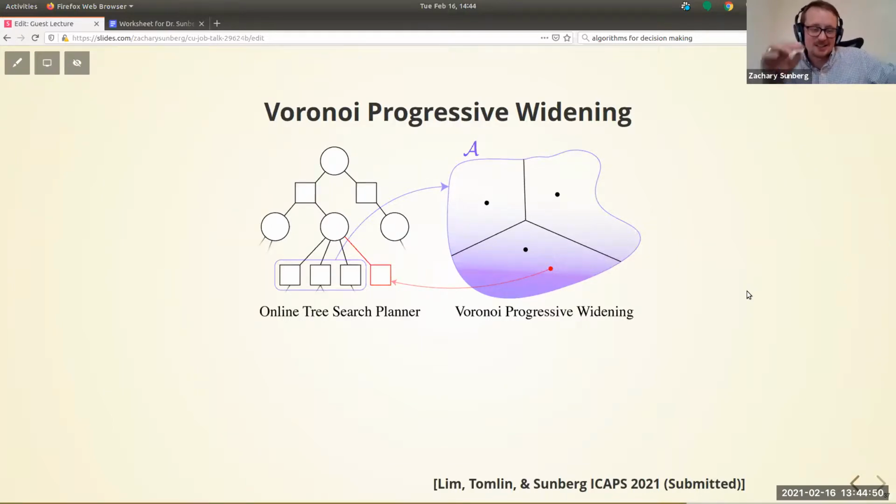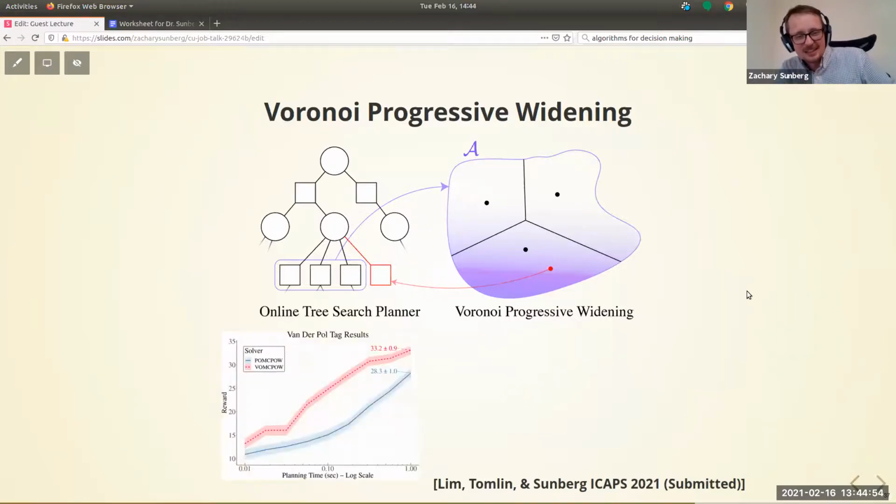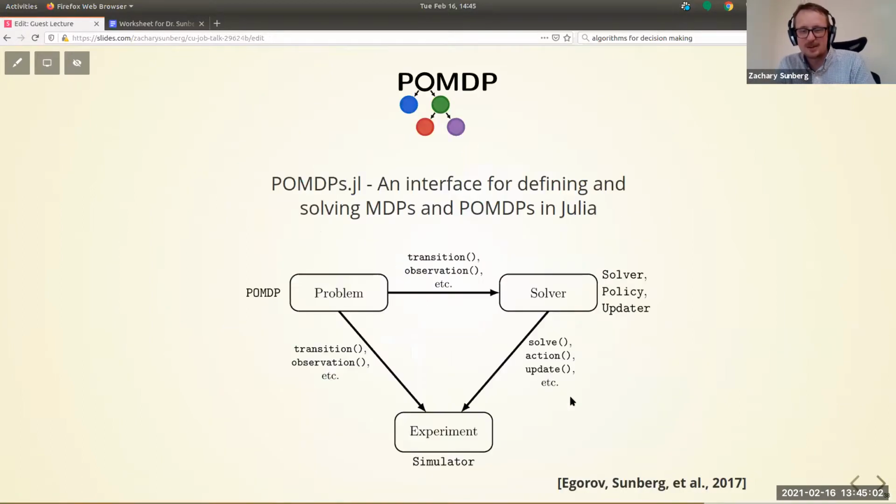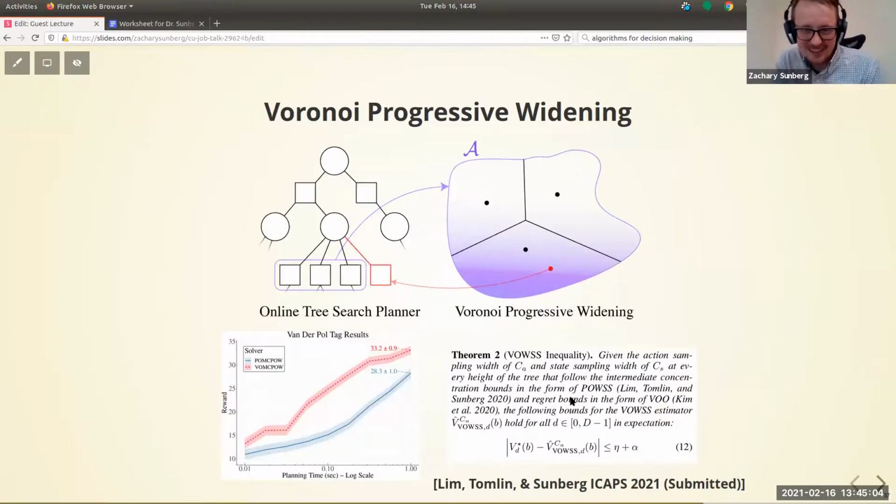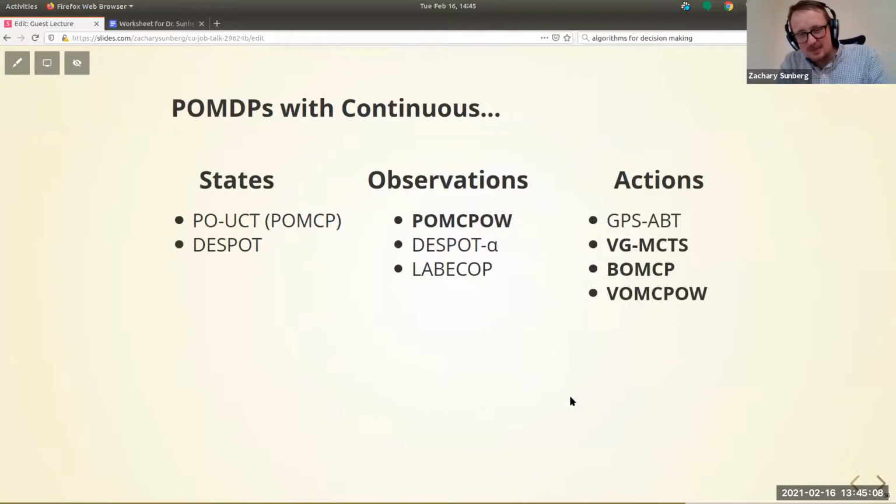So that's just like one quick taste of how you could do this on a continuous action space. And we showed that outperforms our previous kind of naive algorithm. And we have a nice theorem for it too. Okay, so that's basically like the algorithms you have at your disposal if you have a continuous state, observation and action POMDP.